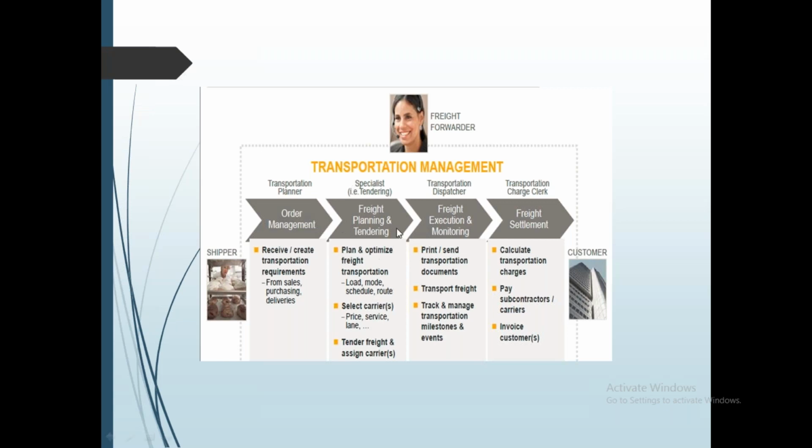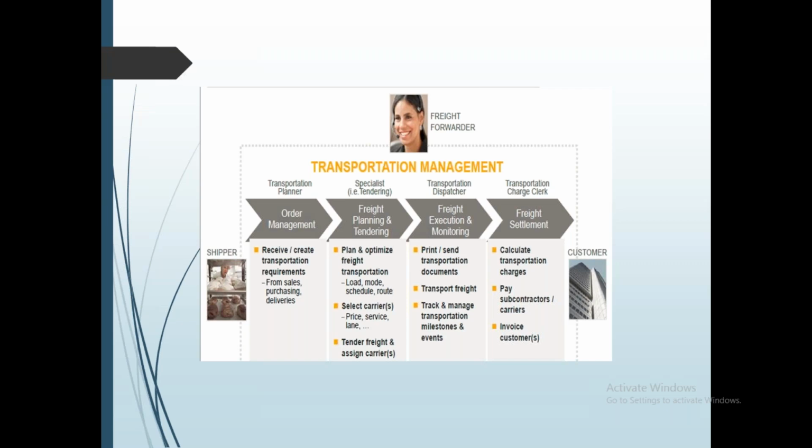Once the planning is done, the third step is the execution. Execution means the freight order or freight booking. You need to monitor whether the loading has happened, unloading has happened, departure from the source location has been done, whether it has arrived, and whether proof of delivery is there. These are different milestones of a shipment.